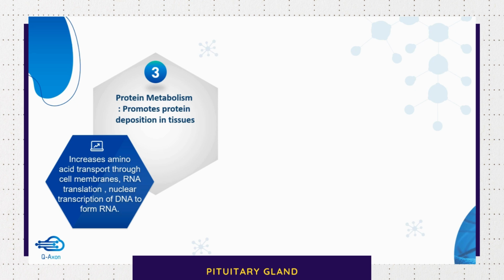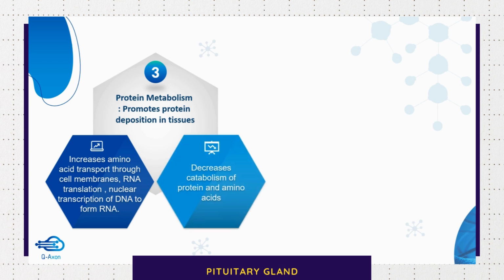Even in the absence of more amino acids in the cell, RNA translation is increased. And also nuclear transcription of DNA to form RNA is increased in the presence of growth hormone. Not only that, it also decreases the catabolism of protein and amino acids. So that is why it is said to have a protein sparing effect.